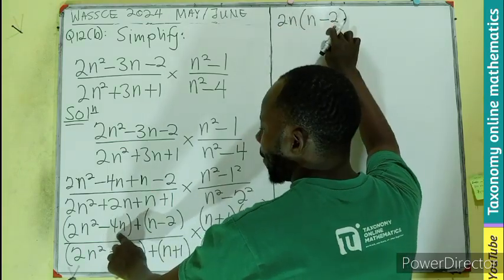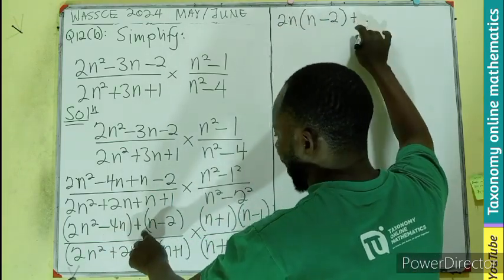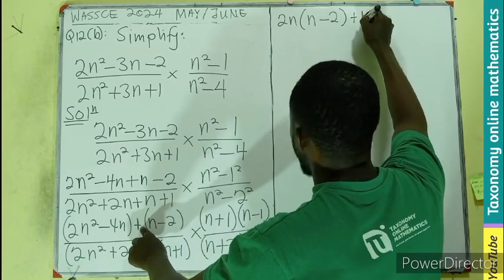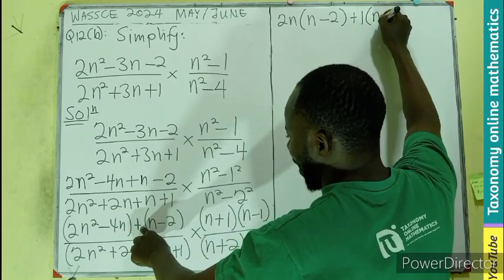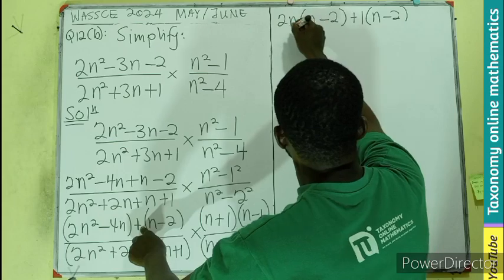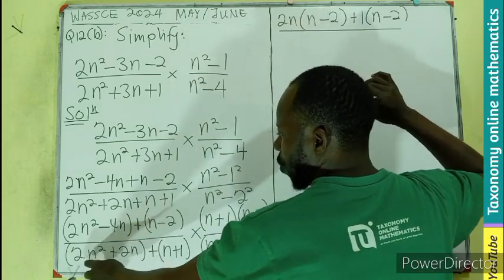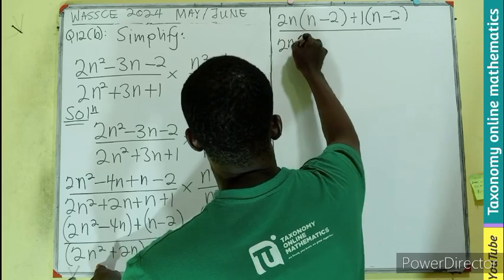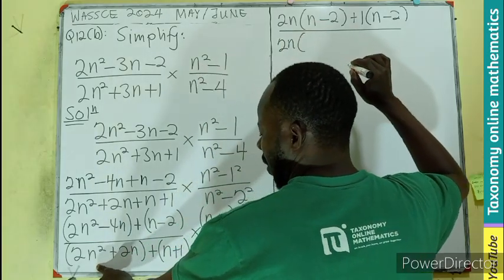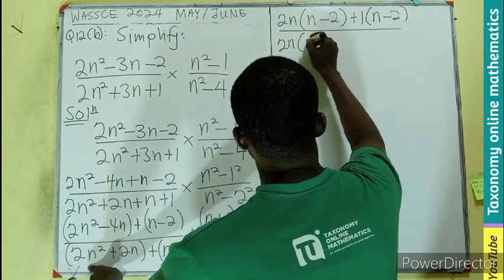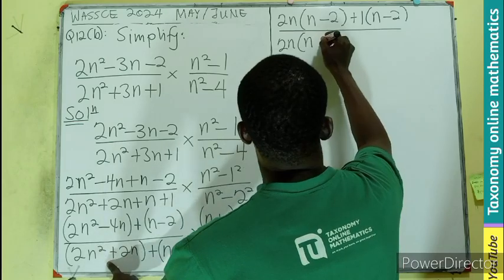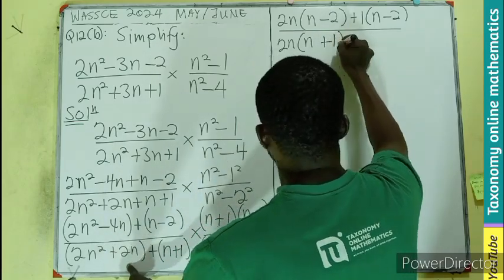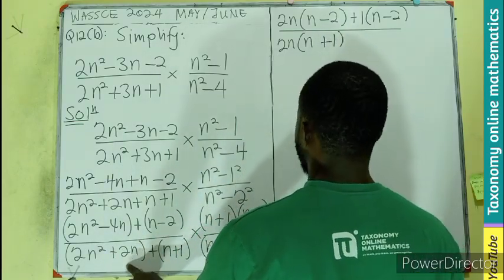Then the second bracket: the common factor is only 1, so 1 into the bracket n minus 2. For the denominator, the common factor between 2n squared and 2n will still be 2n. In the bracket you'll be having n, then plus 1, since only 1 will be left when divided by 2n.